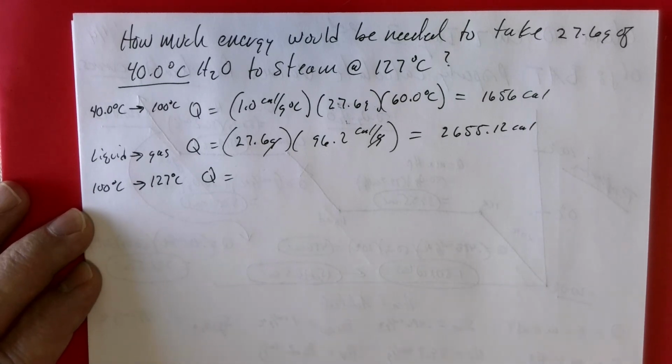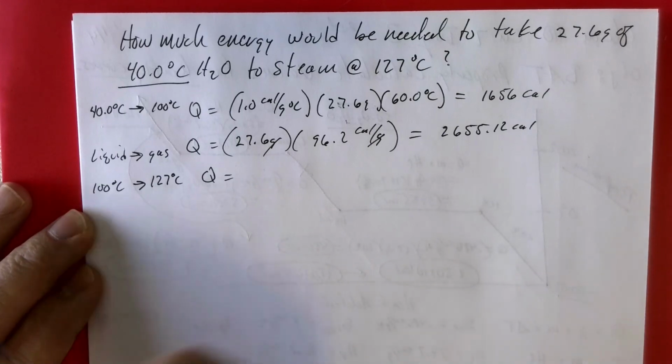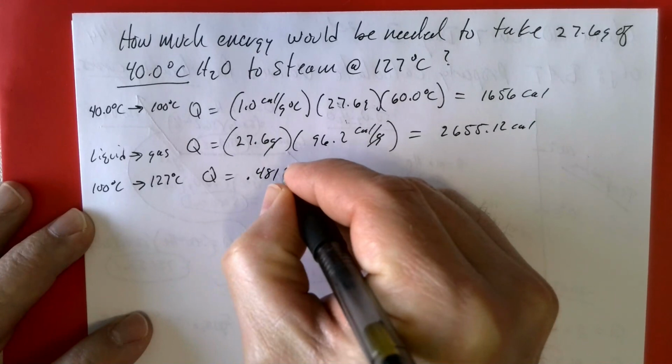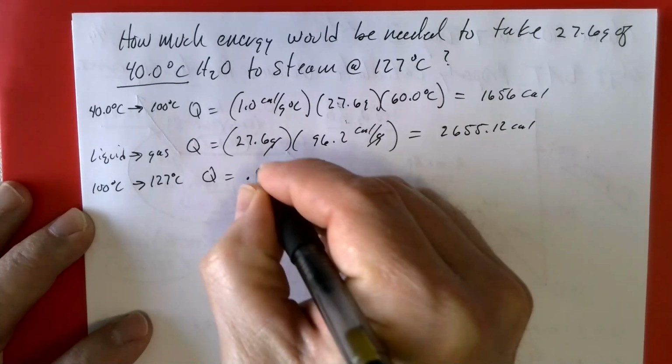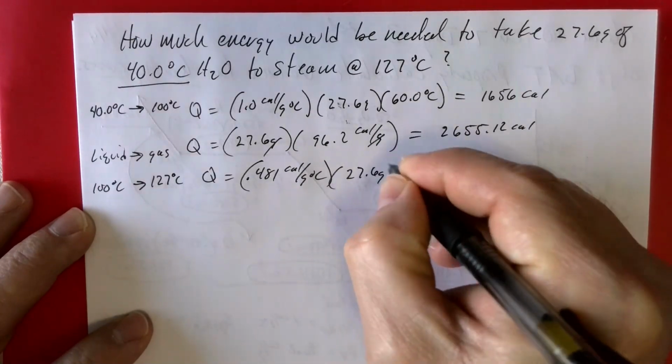Use the S of gas, which was, I believe, 0.481 calories per gram degrees Celsius, times my mass, which hasn't changed, 27.6 grams.